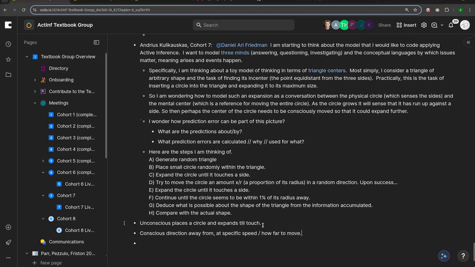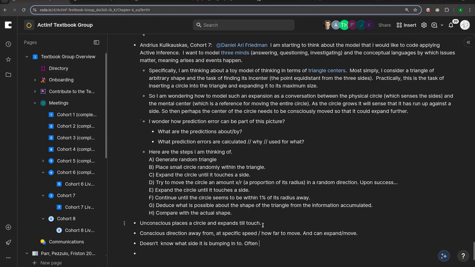The unconscious mind knows how to expand, and it'll bump into something else, maybe the same side, maybe another side. And so through this iterative process, at a certain point, it will have less and less room to move. It'll never know what side it's bumping into because it doesn't have that information. But it'll just know that it's bumping very often, which would presume that it's being closed in.